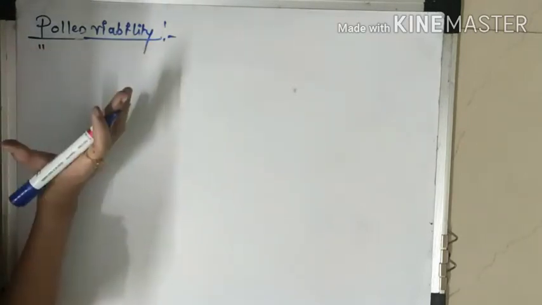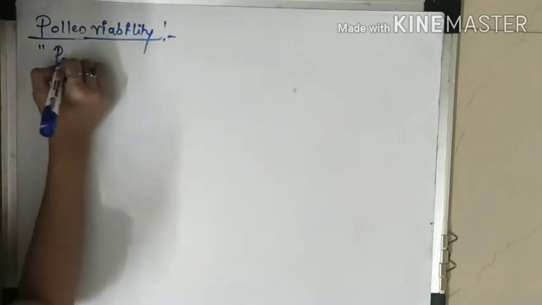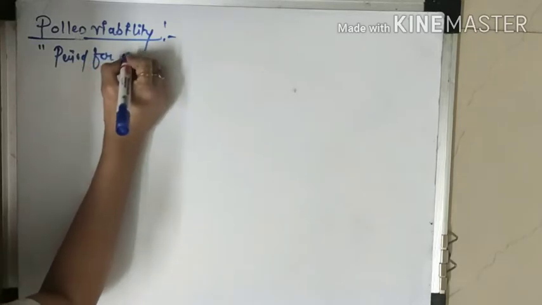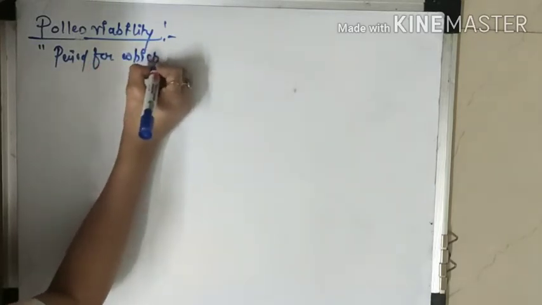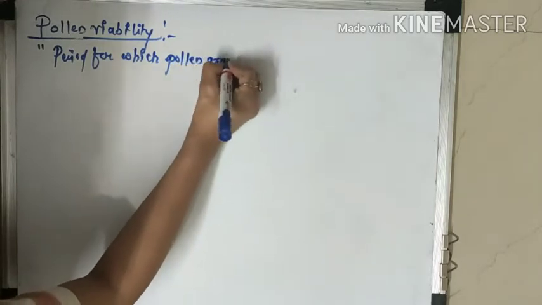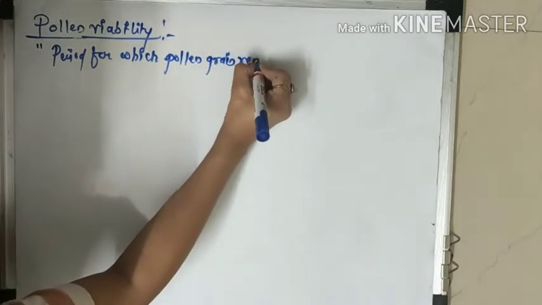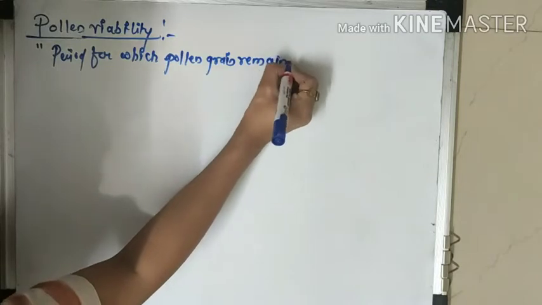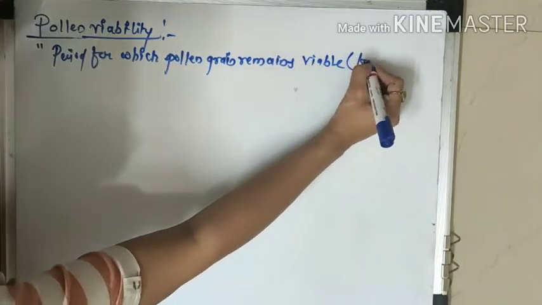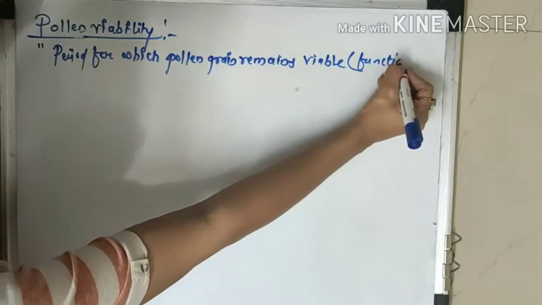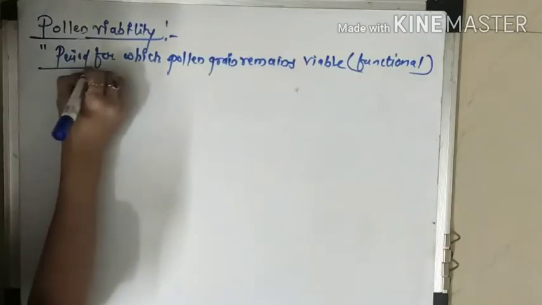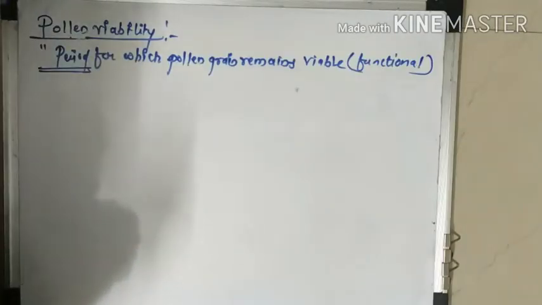Pollen viability is nothing but the period for which pollen grain remains viable. Viable is nothing but remaining functional. The period for which pollen grain remains functional is known as pollen viability.